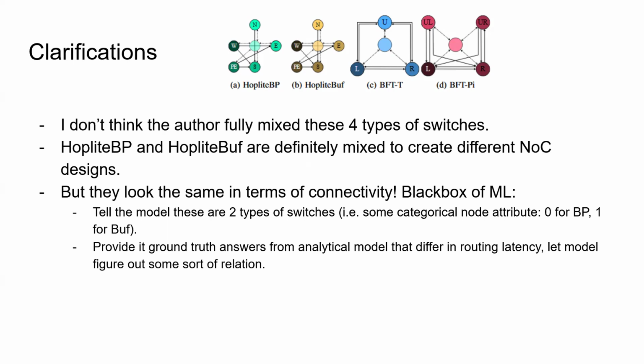And then BFT-T and BFT-Pi switches are found in a BFT NoC architecture. They would vary those as different designs. Just for reference, Hoplite BP is a back pressure based FIFO switch, and Hoplite Buff is, I think, buffer based.